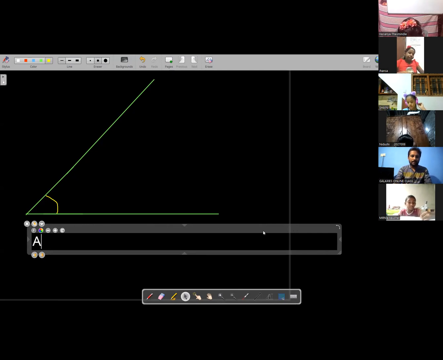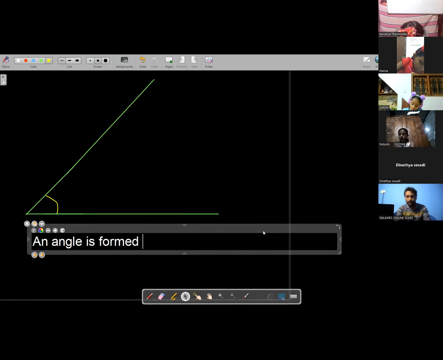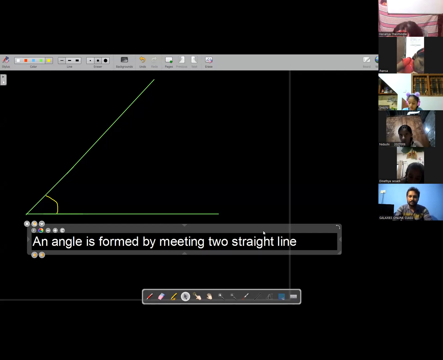Write down: an angle is formed by meeting two straight lines at a point.